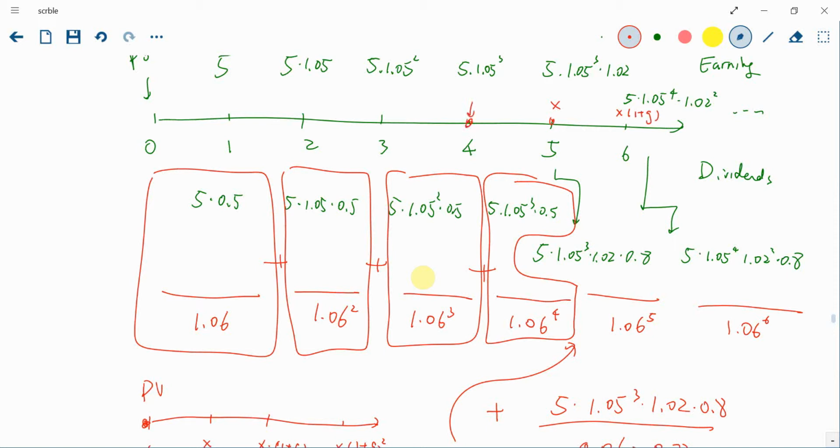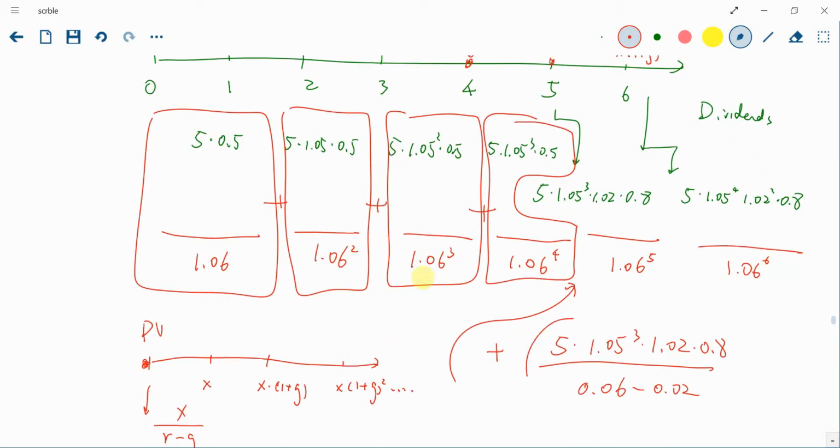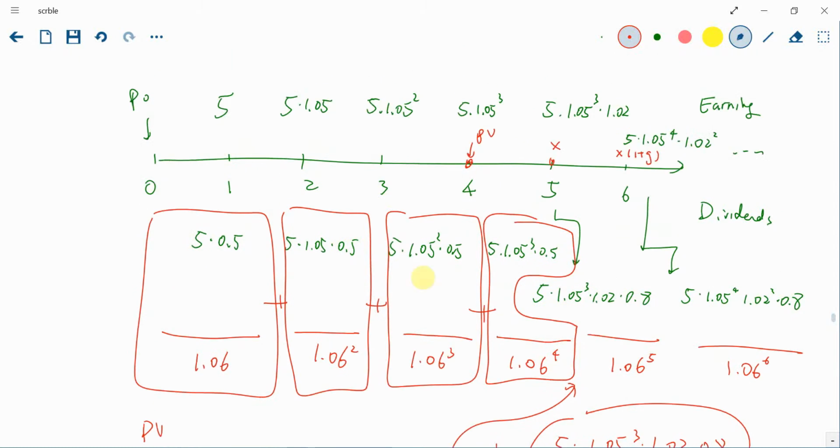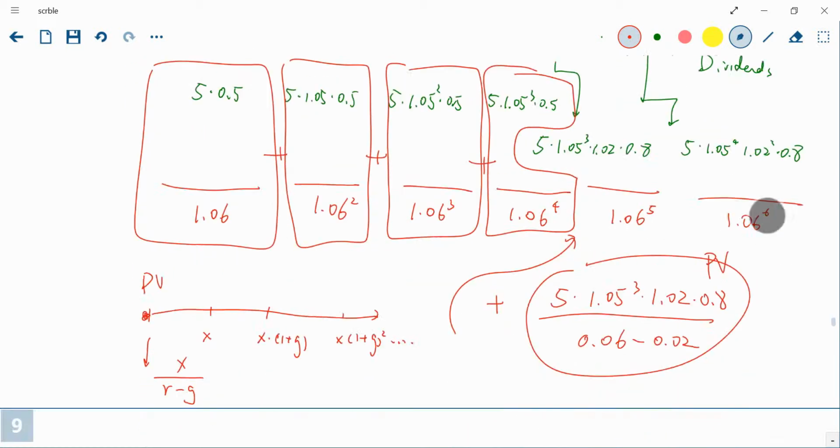So the present value that we calculated by this formula, which I have as PV, is at this point. So you need to discount this further by 4 periods. That's why we need the whole thing divided by 1.06 to the power 4. And you add all these 5 terms up, you'll get a value, and that value will be our price, which turns out to be 102.83.